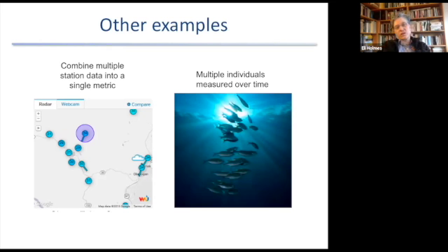So here's a couple concrete examples. What if my goal was to measure temperature in a region, and I had multiple stations where I'm measuring temperature. These happen to be multiple personal weather stations in a fairly small area.